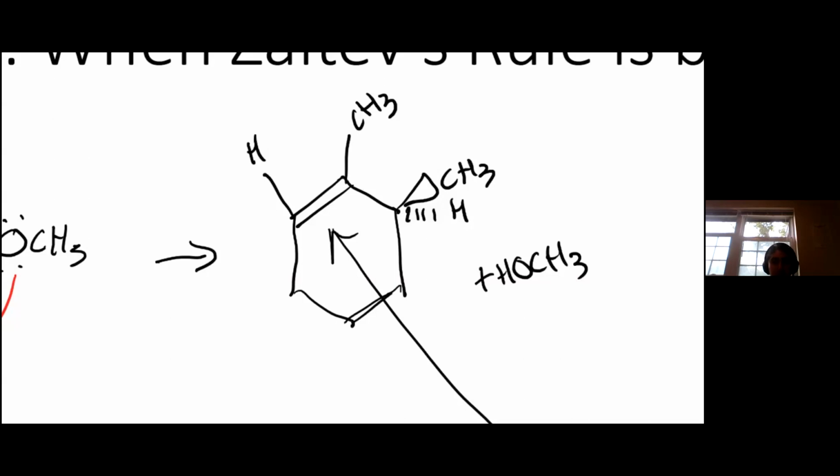So this is not necessarily following Zaitsev's rule, right? This is still stable, but it could have had a more stable one if it was tetra, but it wasn't able to be formed because this H was not anti to the leaving group. So now we have a tri-substituted alkene right here. Are there any questions?